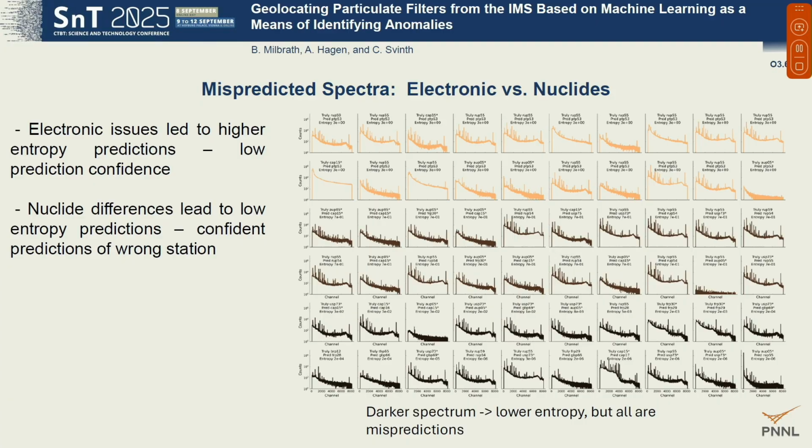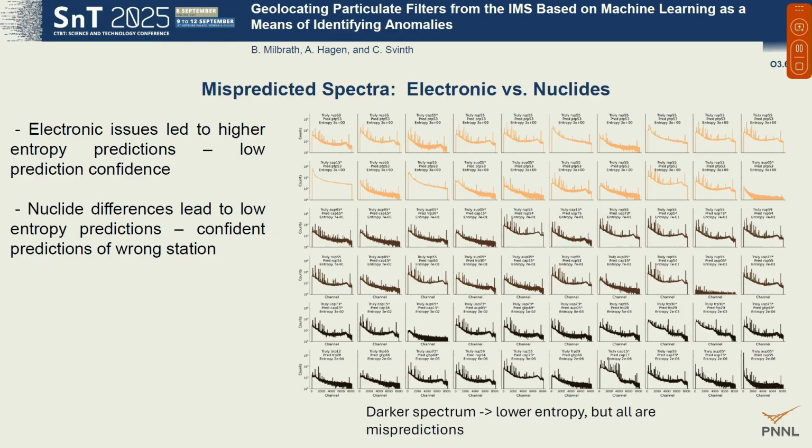Every spectrum on this slide is a misidentification. In terms of entropy, the ones in the top rows, the lighter ones, those are higher Shannon entropy predictions, which means a lower confidence prediction. And so what you see there when the network had low confidence were things like electronic noise and so forth.